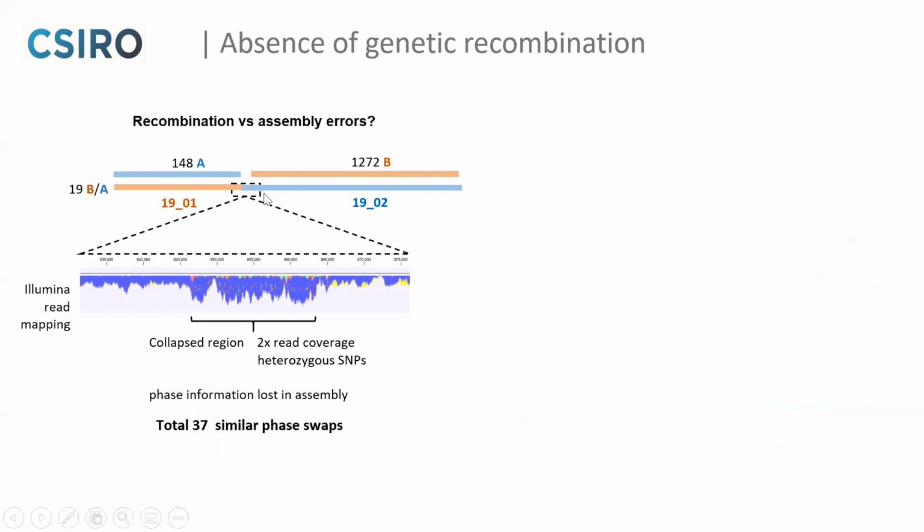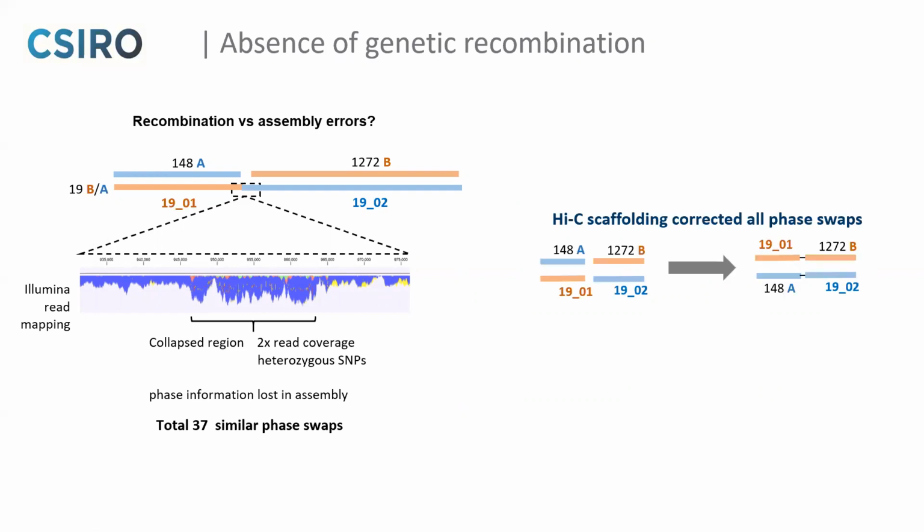In all the cases that we examined, 37 of them, we found evidence that the assembler had lost phasing information, and those points of junction in the contigs were actually collapsed regions displaying twice the coverage and also heterozygous SNPs. We also validated that using Hi-C data, which provides information about the linkages between these fragments, and that also told us that those chimeric contigs were indeed assembly errors.